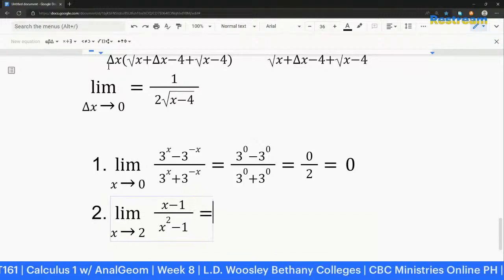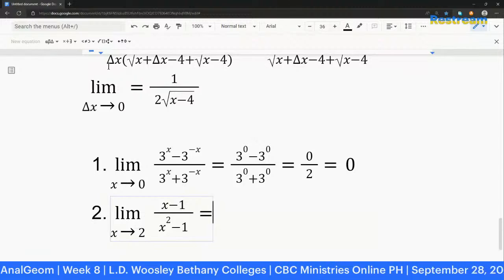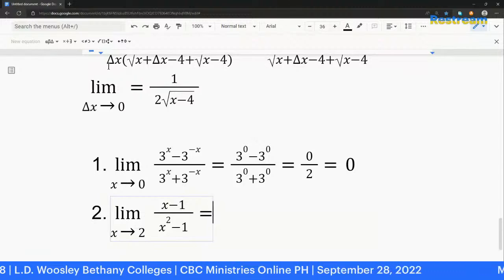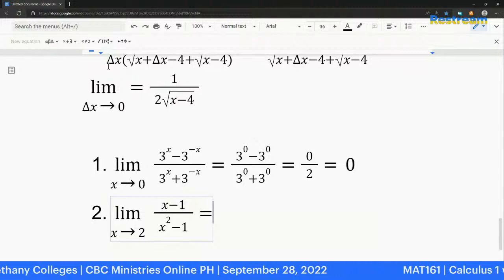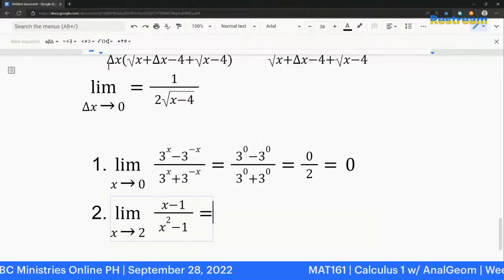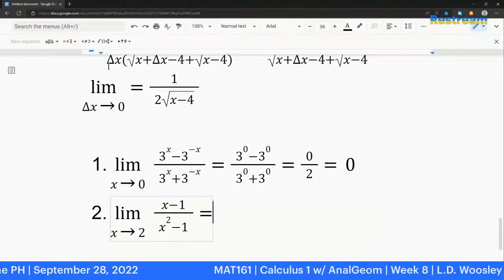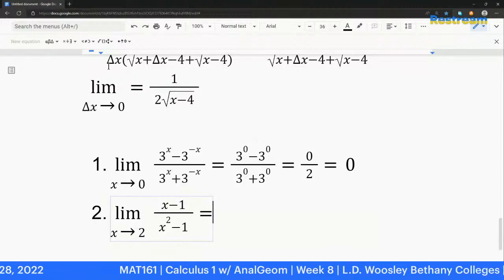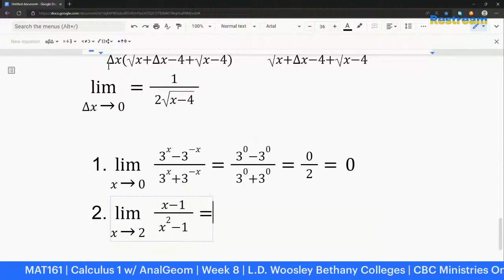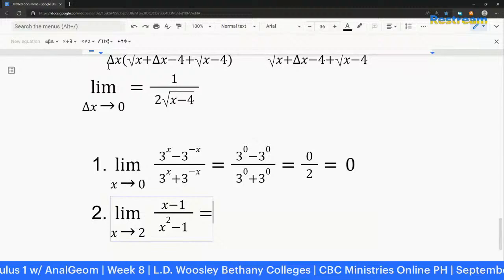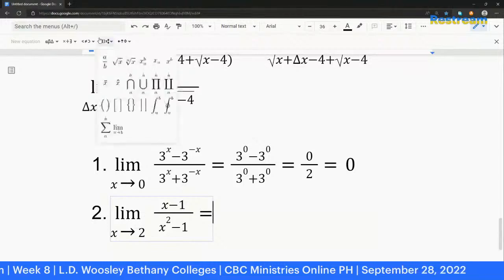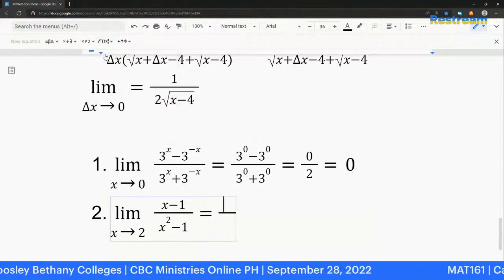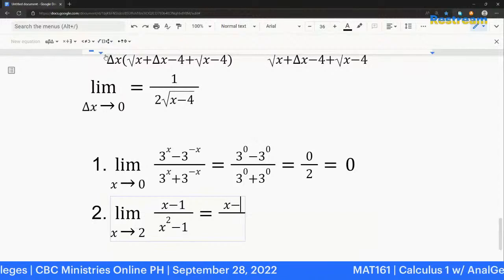Okay, Banj, kindly orally solve. What will you do with this? Simple substitution po, sir. Okay, you may have some cancellation and factoring. So you have x minus 1 on the numerator.